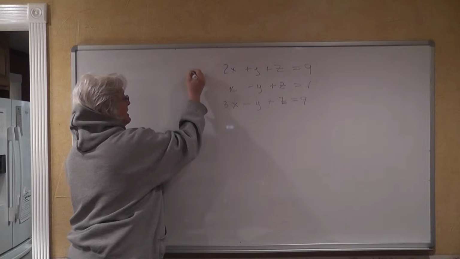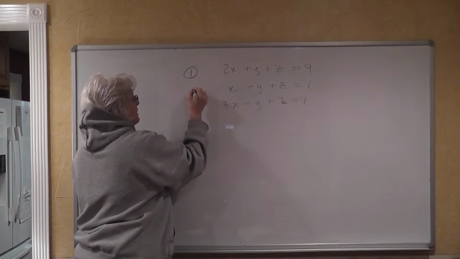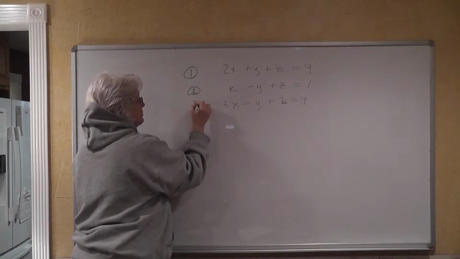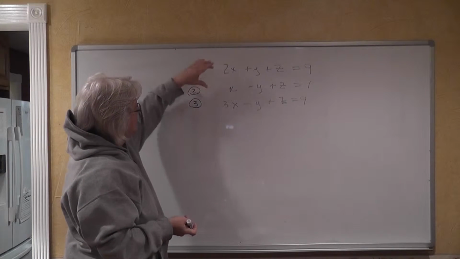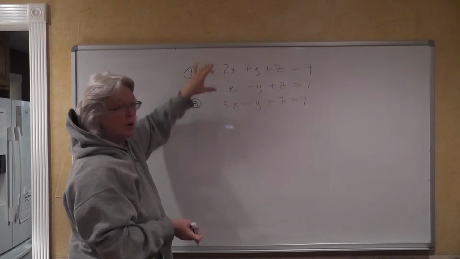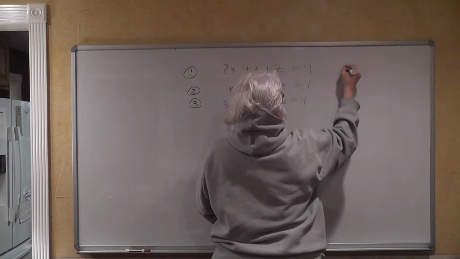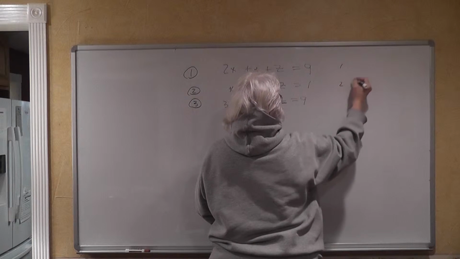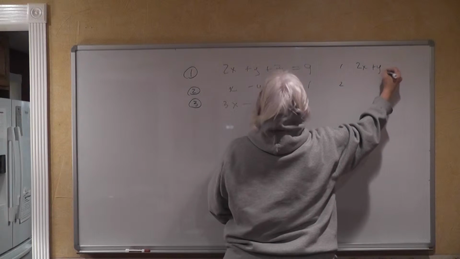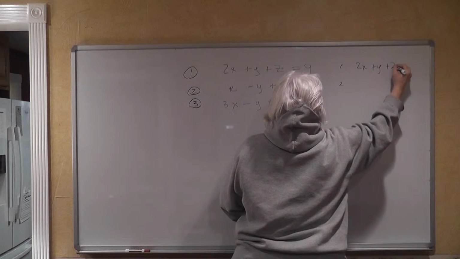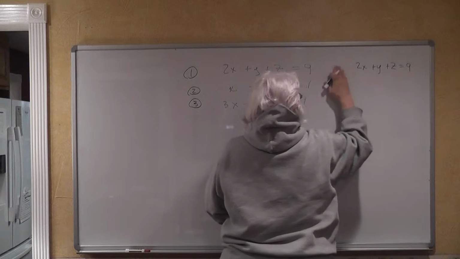And I'm just going to label these equations as equation 1, equation 2, and equation 3. And I'm just going to go ahead and pair 1 and 2 together first. So equation 1 and equation 2, I have 2x plus y plus z is equal to 9.